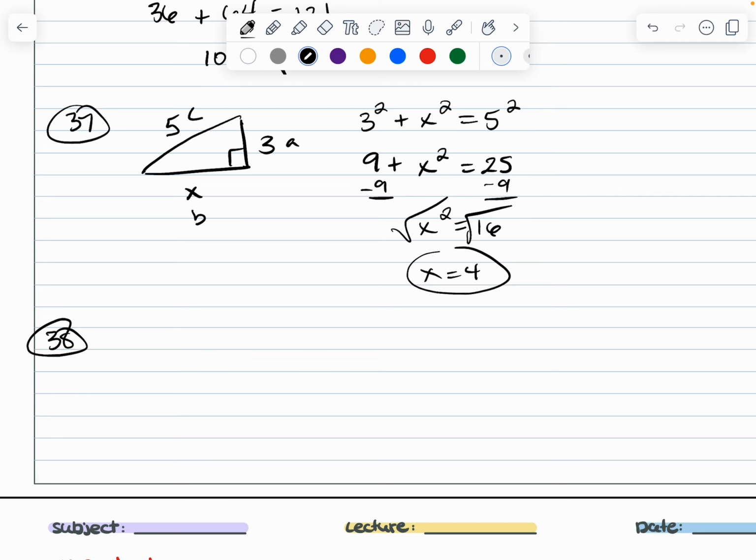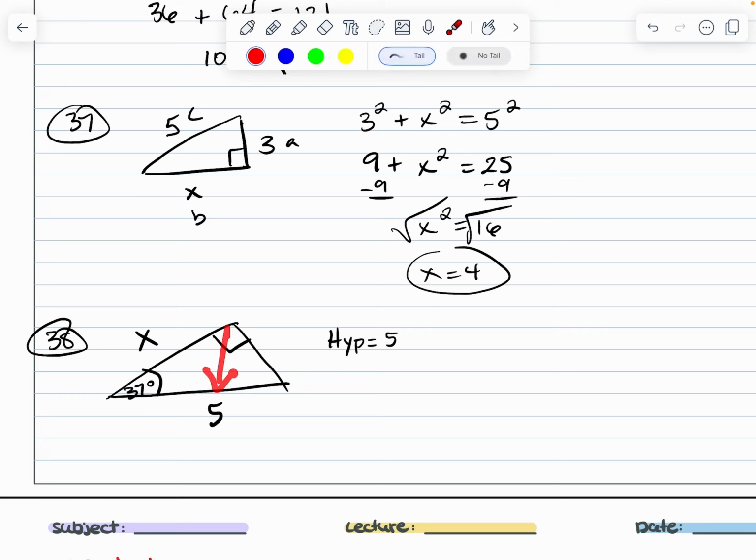Last one, 38. Find the missing side in the triangle. This is using our trig. Okay, so here's x, 37 degrees, and 5. So if we are labeling everything here, my hypotenuse is 5. The hypotenuse is always across from that right angle. X is attached to the angle, so that's the adjacent here.